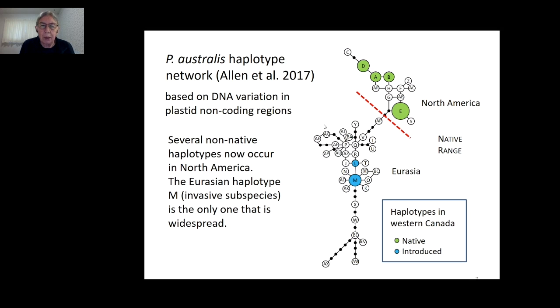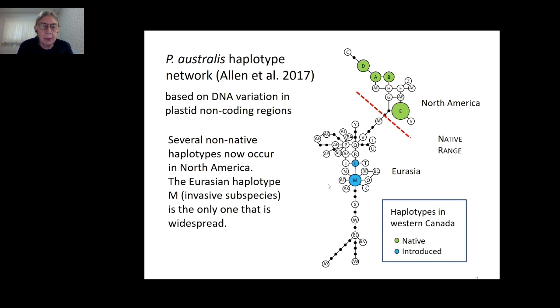There's a cluster on the lower part of this network with quite a few different variants, and those are the ones native to Europe and Asia. The ones at the top right are the variants found in North America overall. The colored dots show the ones we found in our study, known from British Columbia or Western Canada. We found two variants, L and M, that were non-native, and four that were native.